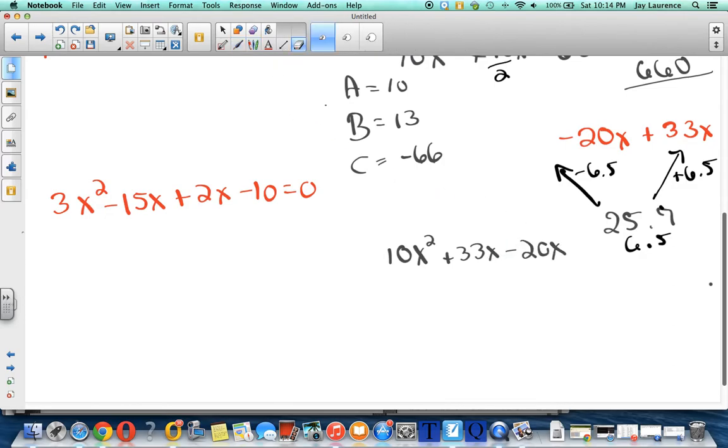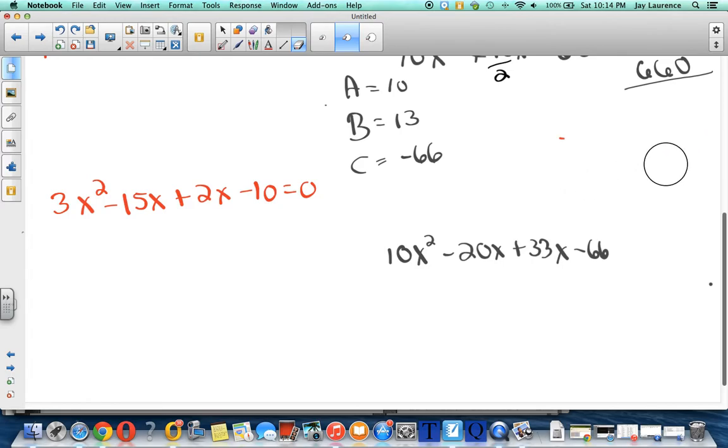I'd rather put the 20x first because I like the GCF situation better. It's not wrong to do it the other way. You can still get the same answer. So I'm going to need a minus 20x, a plus 33x, and then a minus 66. And I'm going to get rid of some of my work because it's in my way. That will need to equal 0, right?